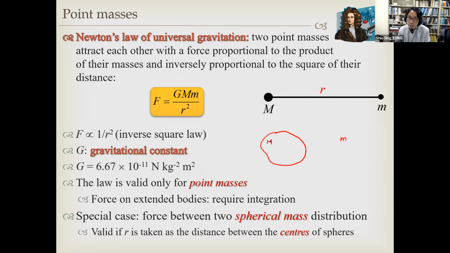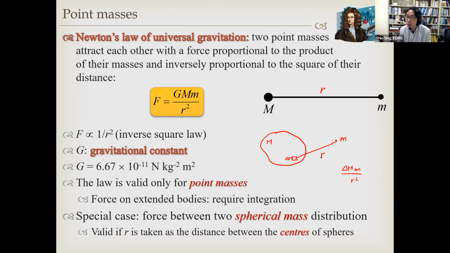And this is the big M. Now, if you consider a small piece of mass here, which I call maybe delta M, the delta M will have a distance R from the point mass. Okay, so it's correct to say they attract each other with such a force, delta M times small m, over R squared. Right? That is correct.